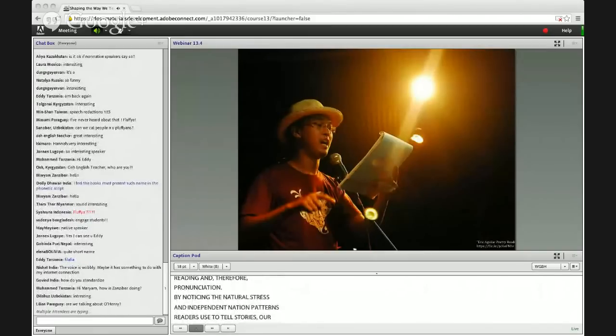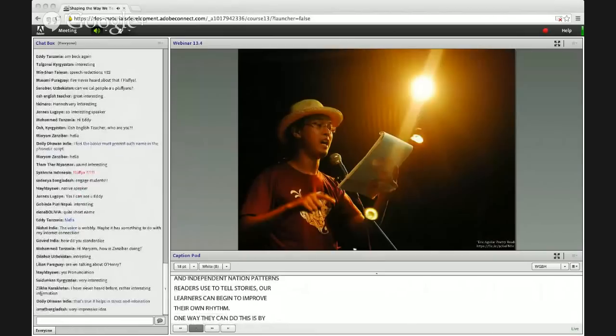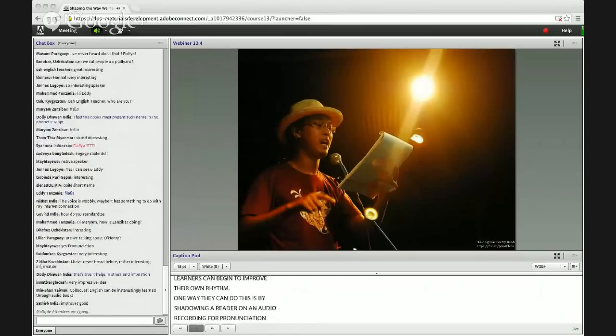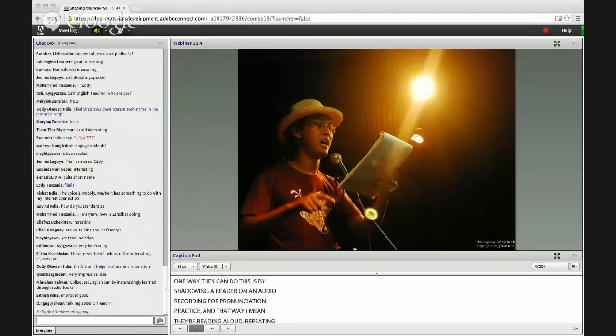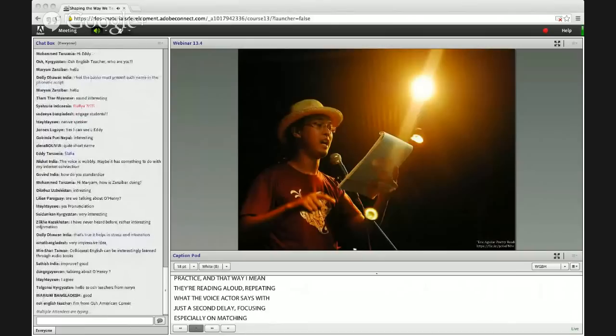And one way they can do this is by shadowing a reader on an audio recording for pronunciation practice. I mean they're reading aloud, repeating what the voice actor says with just a second delay, focusing especially on matching intonation and word stress. And students might notice patterns in sentence rhythm when they're doing this that they can adopt in their own speech.